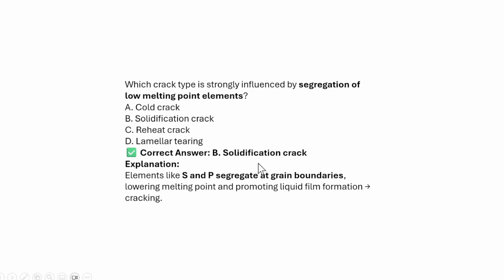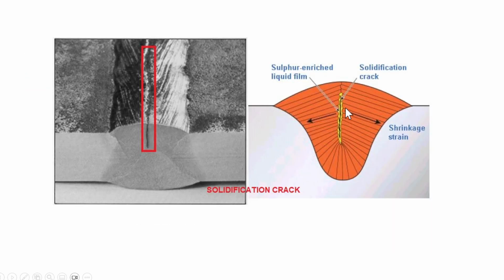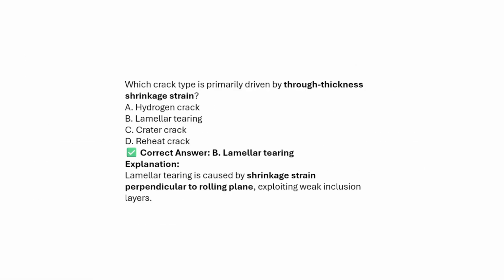Answer will be solidification cracking. You can see here because of the segregation of these low melting point elements at the end of the solidification, these cracks will appear. The low melting point ones are the sulfur enriched elements like iron sulfide or manganese sulfide or other elements. Okay.